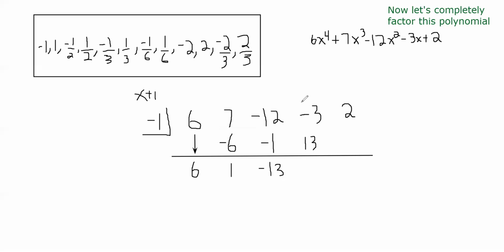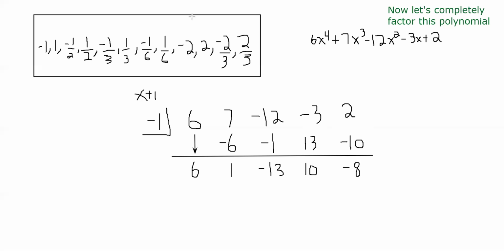Add these together. -3 plus 13 is going to give you +10. Keep going until you get to the very last thing. -1 times 10 is -10. 2 plus -10 is the same as 2 minus 10, which is going to give you, well, -8.